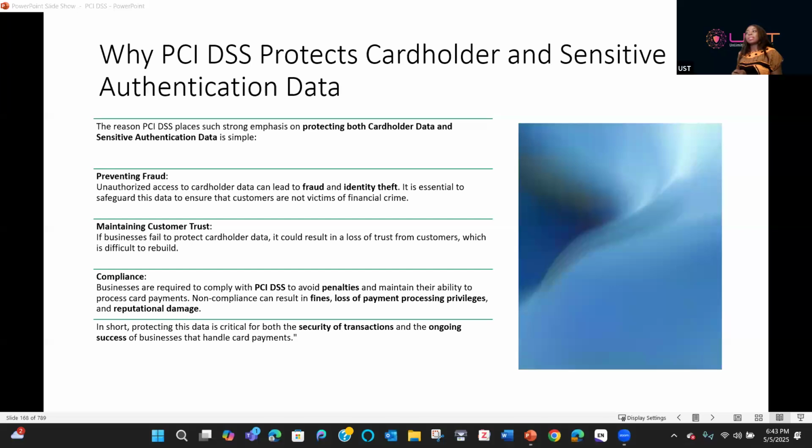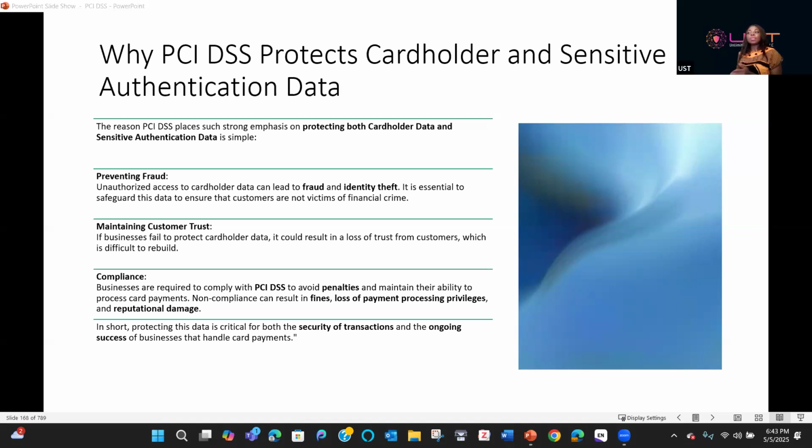The reason PCI DSS places such strong emphasis on protecting both cardholder data and sensitive authentication data is simple. First, preventing fraud, right? Unauthorized access to cardholder data can lead to fraud and identity theft. It is essential to safeguard this data to ensure that customers are not victims of financial crime. We also have maintaining customer trust.